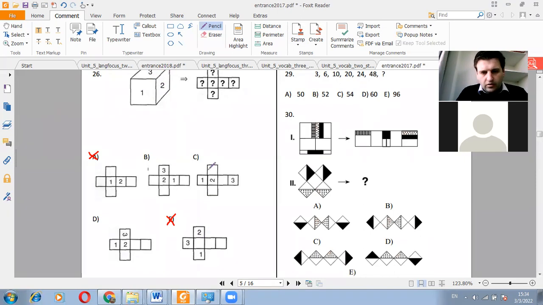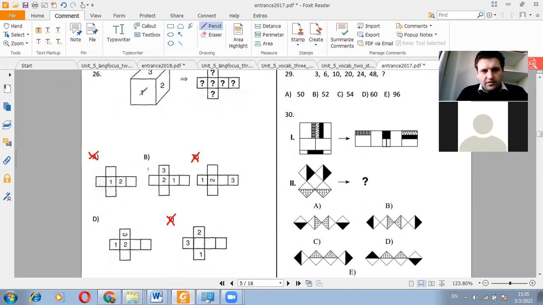So it's again a wrong one. And C is also incorrect because possibilities B and D need to be close to each other.